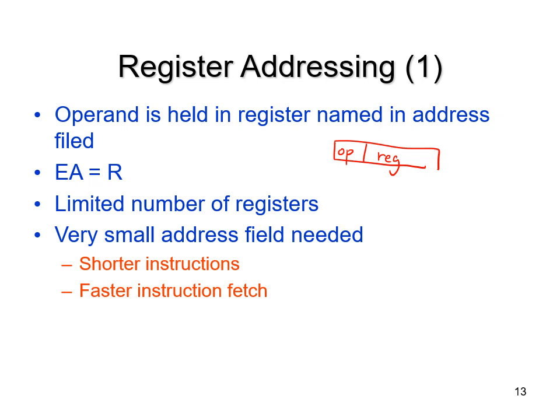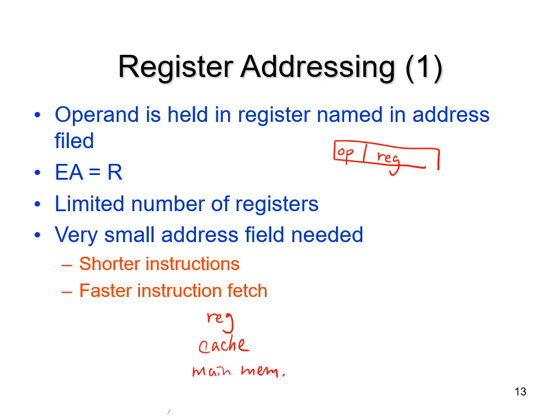Now for the register, later we will describe that in the memory hierarchy, the register is the closest memory in the computer system, and then the cache memory, and then the main memory.